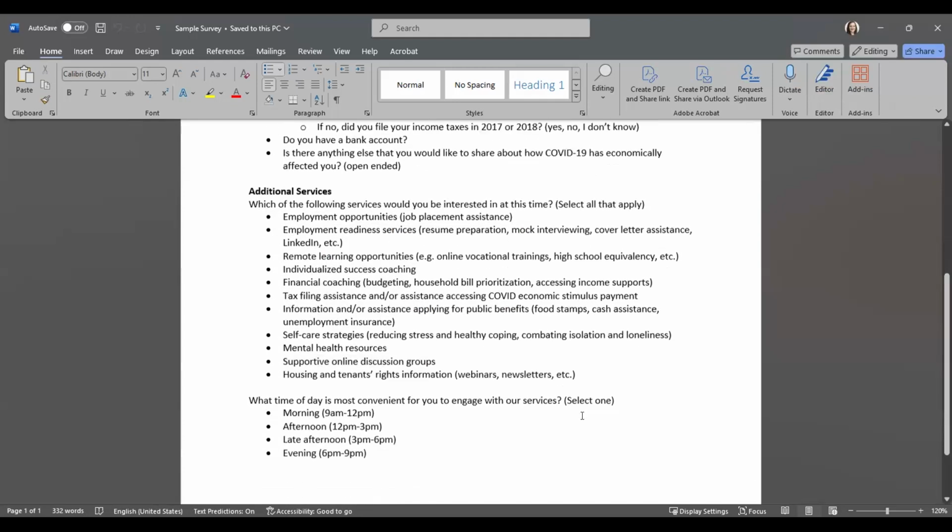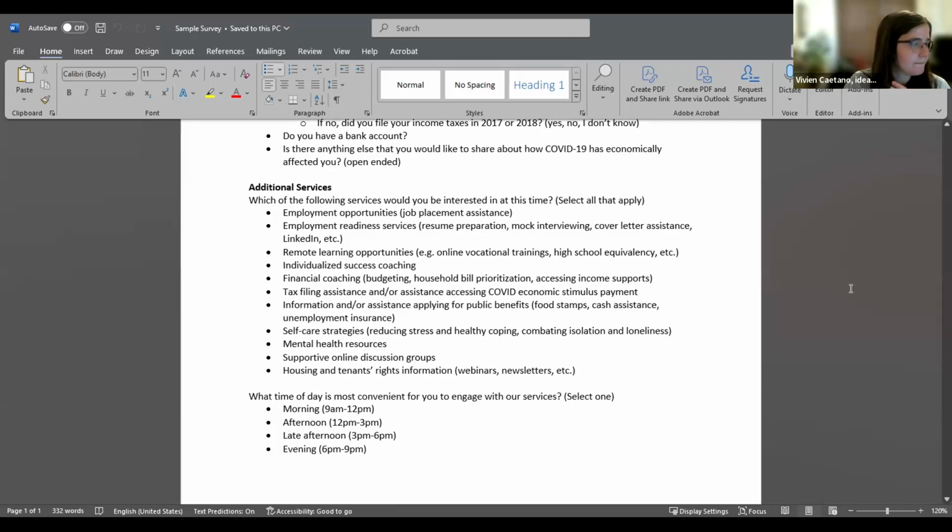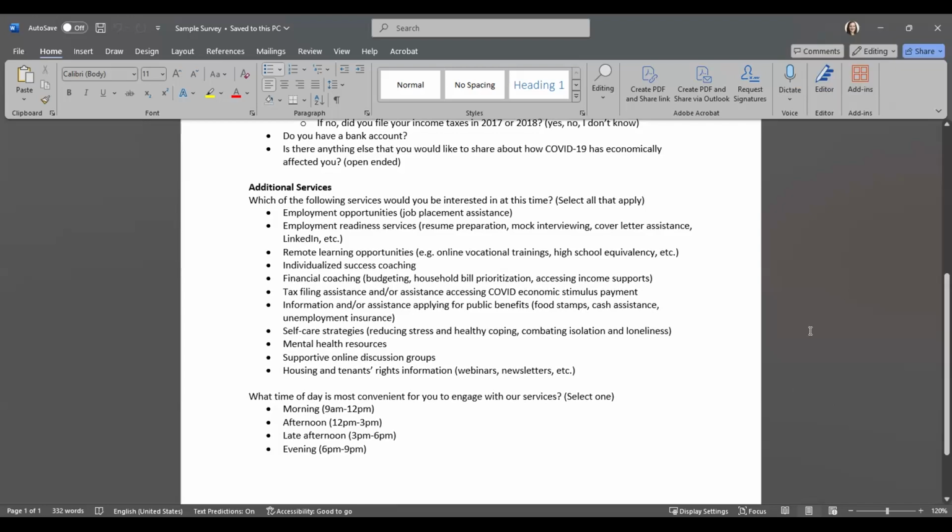Well, I was also going to say, if they were to take the additional services and break them out a bit more, because if I think you had said this was for unhoused individuals, self-care strategies is probably not high on my list if I am unhoused. It may be resources for housing stability support, or employment support services, or, like you said, health and wellness support services, and being able to break that out more to give categorization.